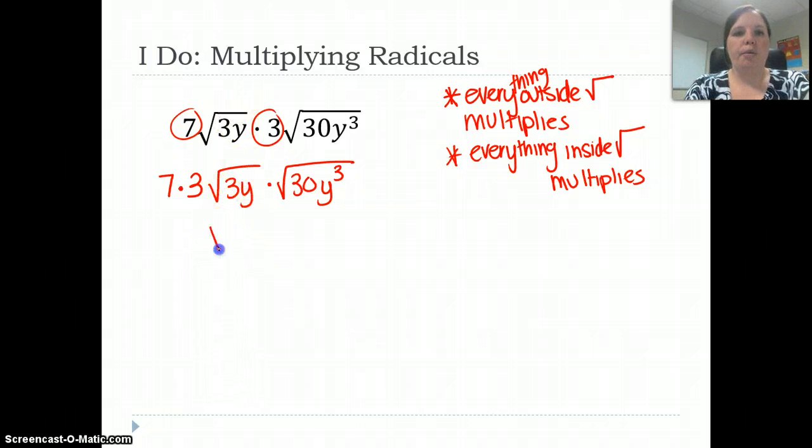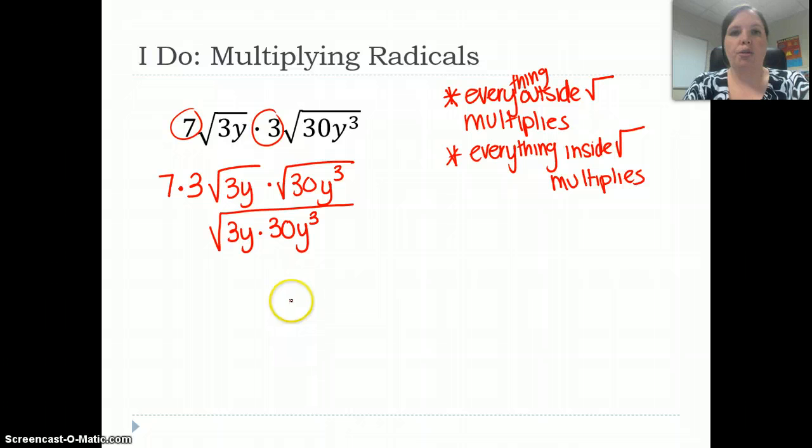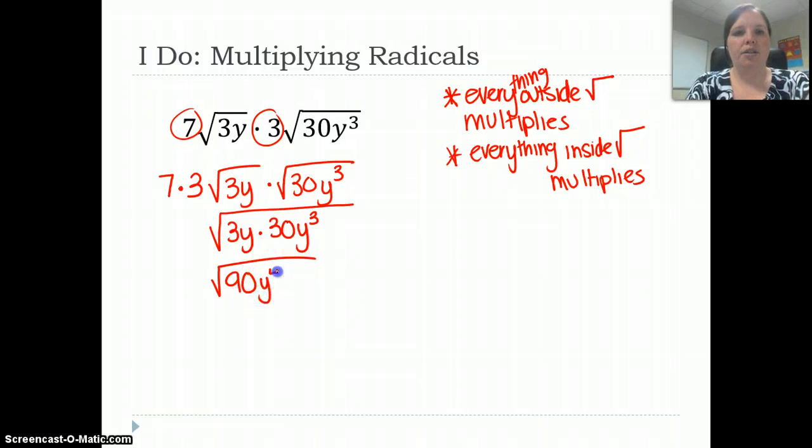So if I take these two square roots, I can multiply the terms in both of the radicands under one root. I can take square root of 3y and square root of 30y cubed and multiply those together. So that would be square root of 90y to the 4th.